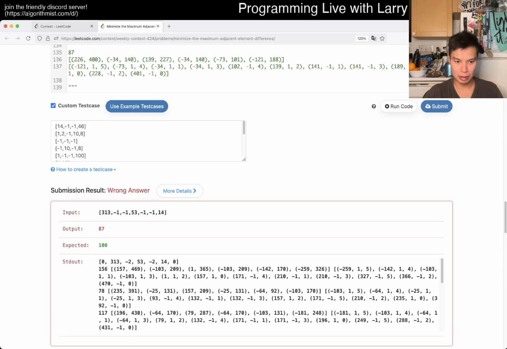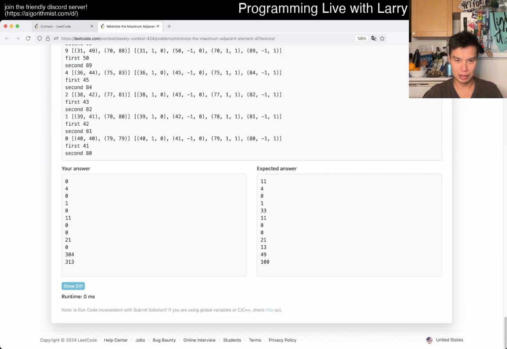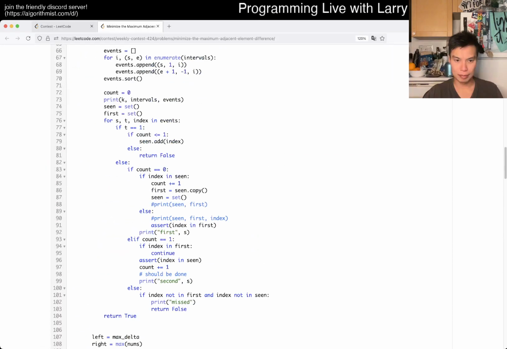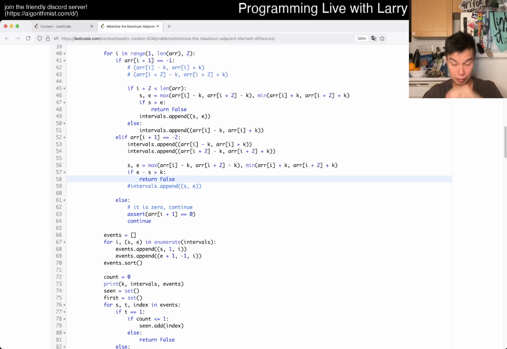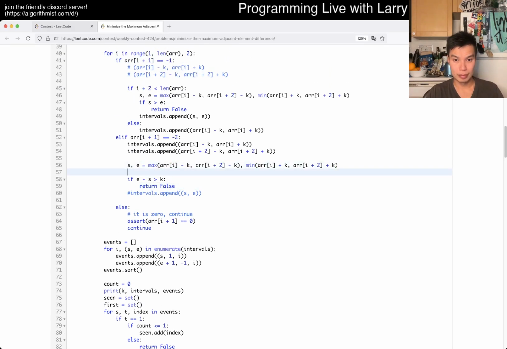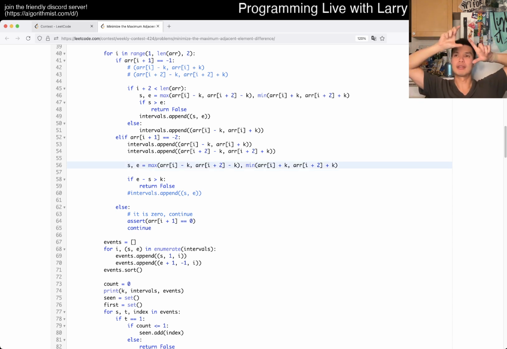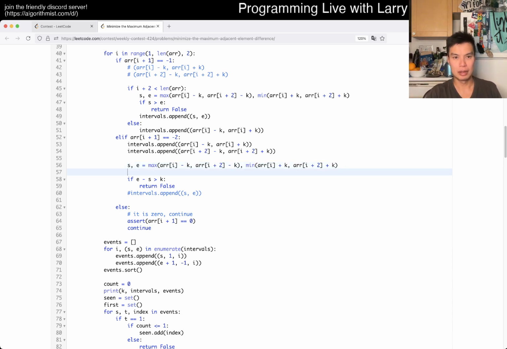Maybe this. What the? So we have the max of the smaller element. How does this work?